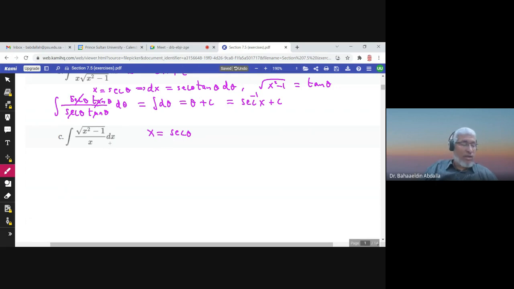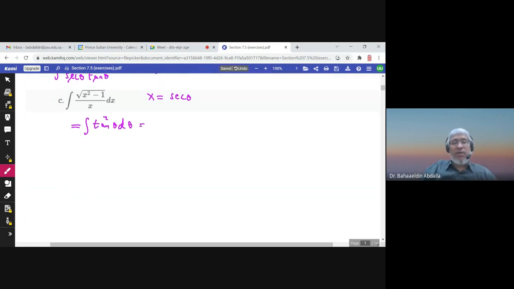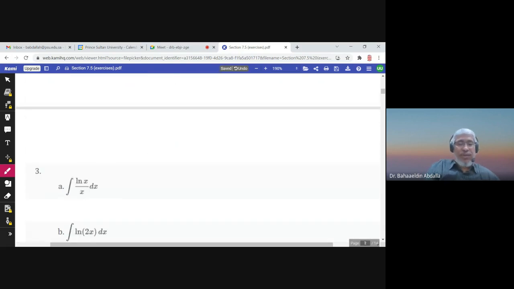After simplifying, you will find that this integral will become the integral of tan squared theta d theta, and you write it as the integral of secant squared theta minus 1, and you continue with the usual formulas, because tan squared plus 1 is secant squared.